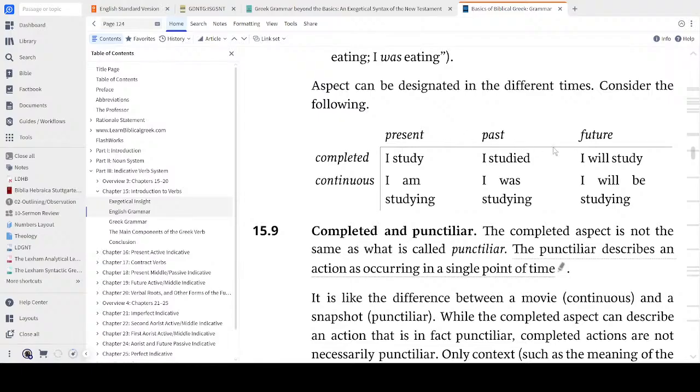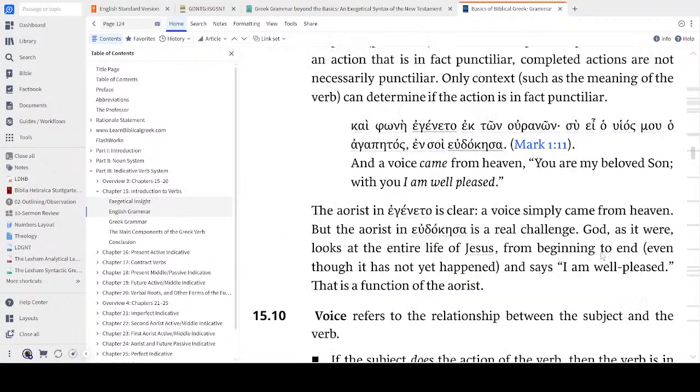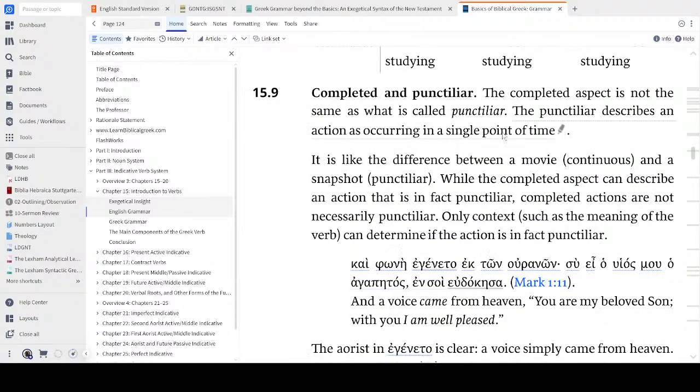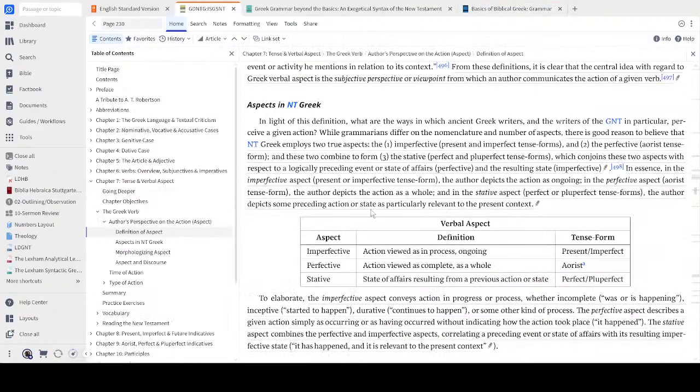So here he's got different types of tenses, and this is only to give us a little bit of an understanding. I really like what Plummer says here.